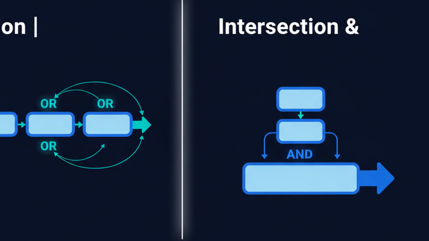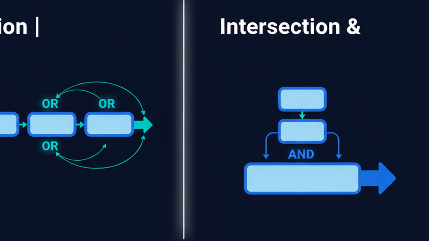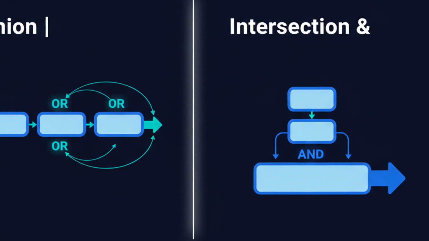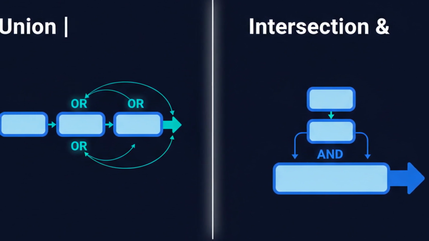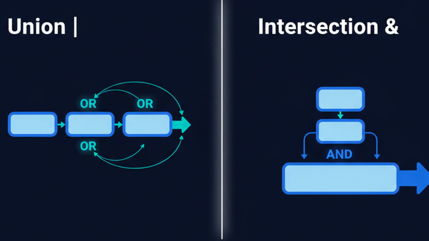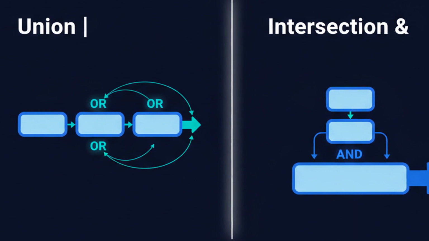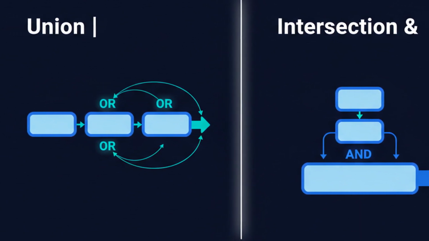Let's lock in the difference once and for all. A union with the pipe means the value is one of several types. Flexible inputs, multiple states. An intersection with the ampersand means the value is all of those types combined. Merged shapes, shared fields. Unions widen your options. Intersections combine your requirements.